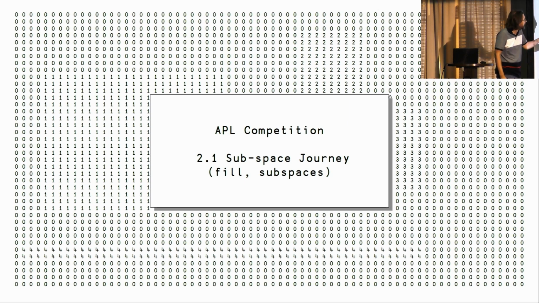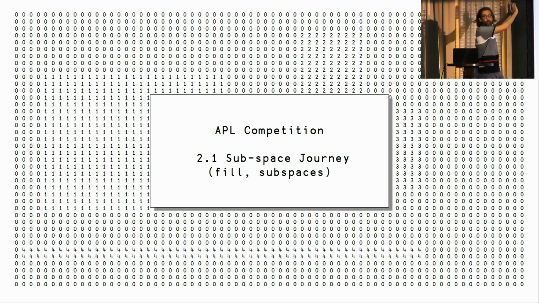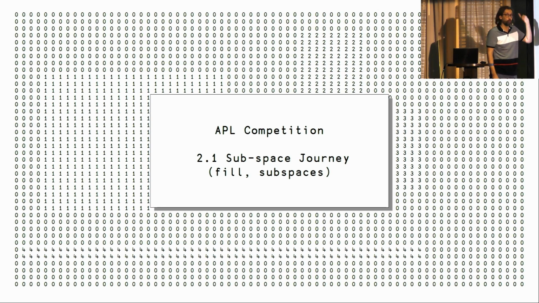And one of the functions I had to write was something called fill, which was for creating one of these. And so fill was a dyadic function whose left argument described the shape of the overall space, and that took a matrix right argument, which described the subspaces that needed to be created within it.